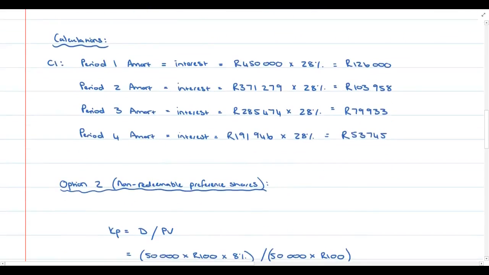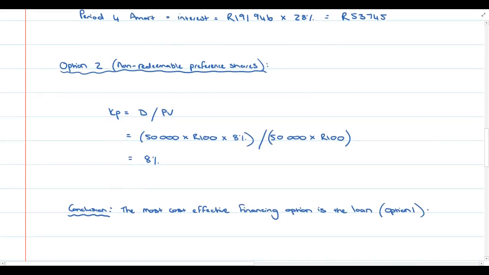And for the preference shares, we follow the same logic. What is the annual cash flow for the preference shares? It's the dividend that's going to have to be paid on the preference shares. If you perform the calculation, you'll see this is an annual dividend of 400,000 Rand. So obviously, if they want to go for the non-redeemable preference shares, they'll need to make sure that the annual cash inflows are sufficient to cover the preference dividend of 400,000 Rand every year.